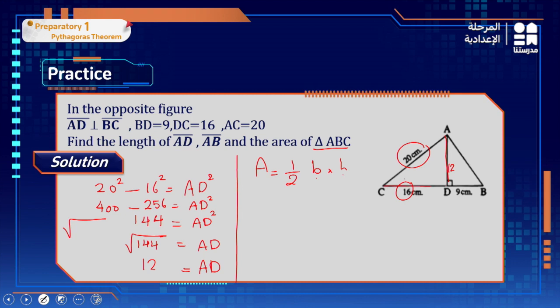So the base is 16 plus 9. And the height is 12. So the area of the triangle equals half. The base is 16 plus 9, which is 25.